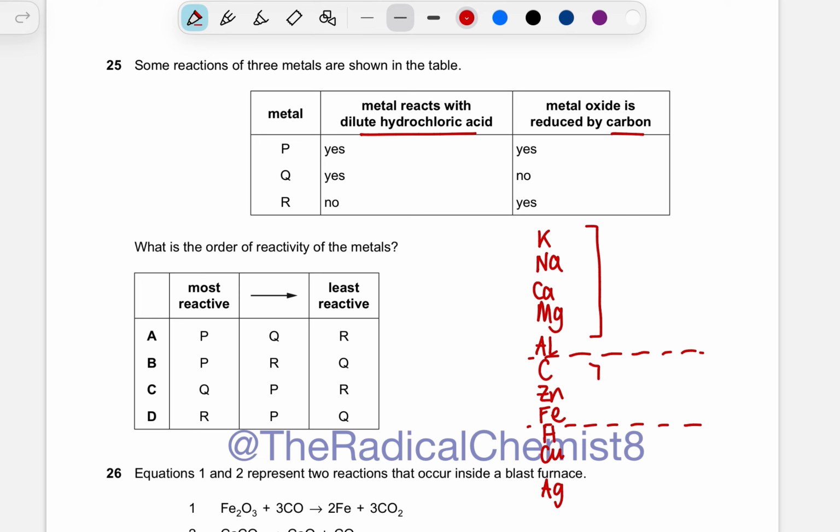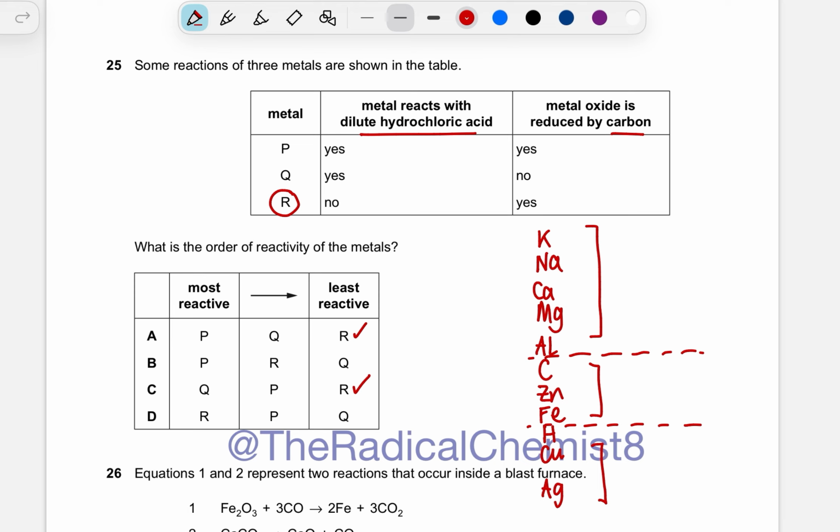Then the ones in the middle, which are below carbon but above hydrogen, these are extracted from their ores by reacting it with carbon. And then these are normally found naturally as elements in the ground. So using this then, any metal that reacts with hydrochloric acid would be your reactive metals. So your least reactive metal automatically would be R. So your answer is either A or C.